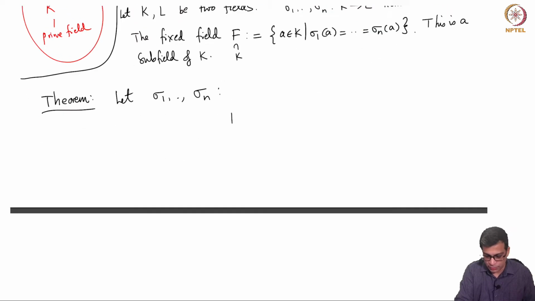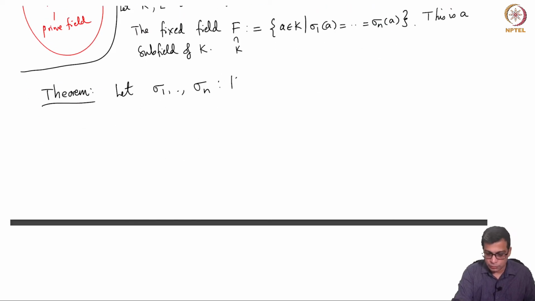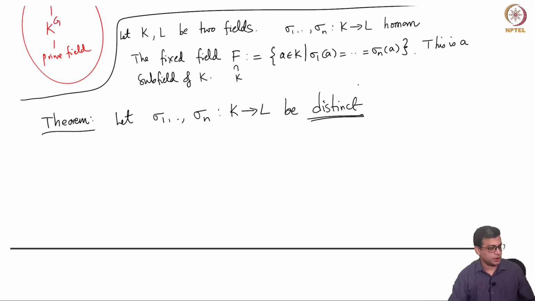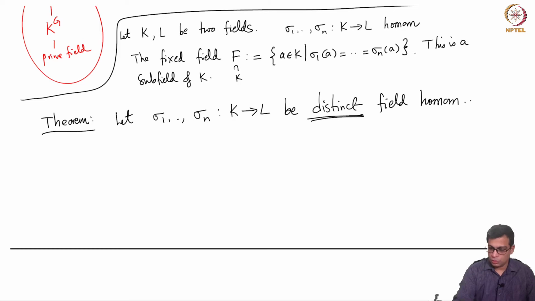Let sigma 1 through sigma n from K to L be distinct. The important assumption is that they are distinct field homomorphisms, and let F be their fixed field.